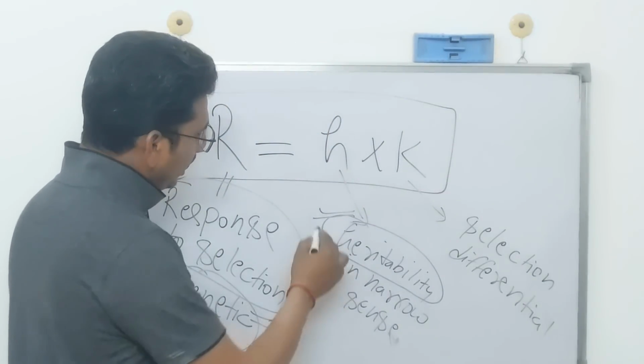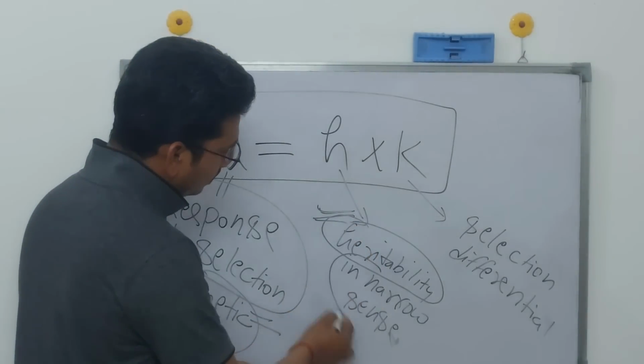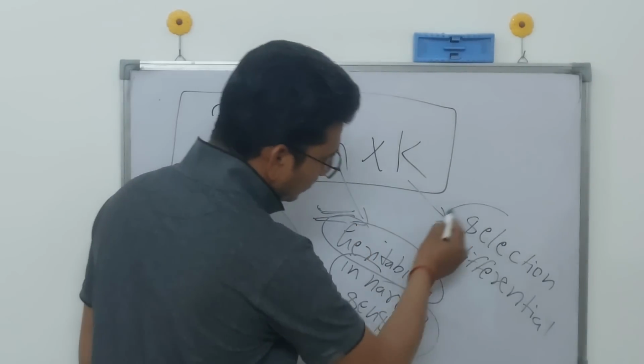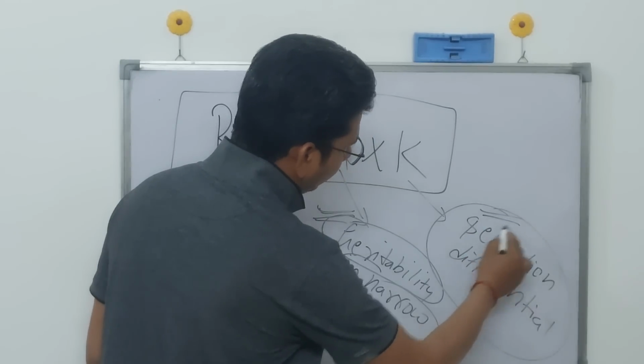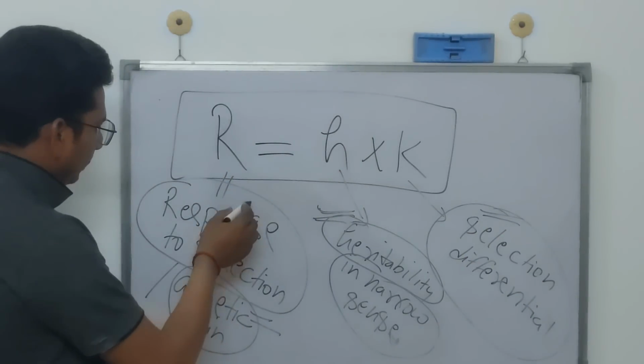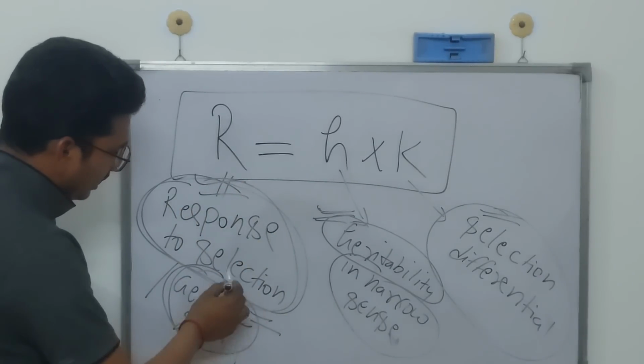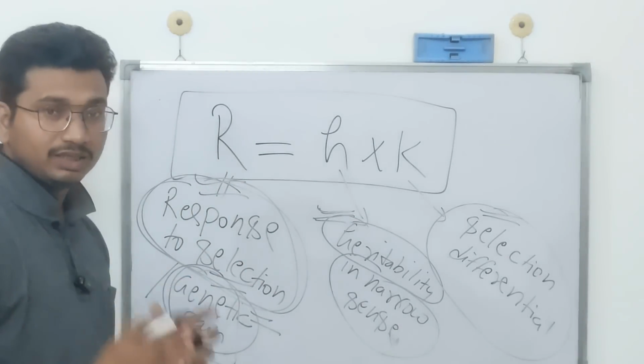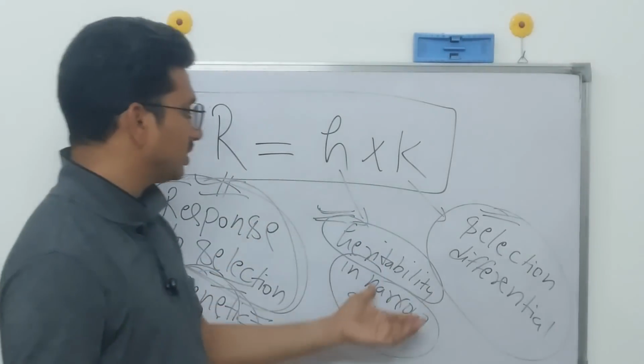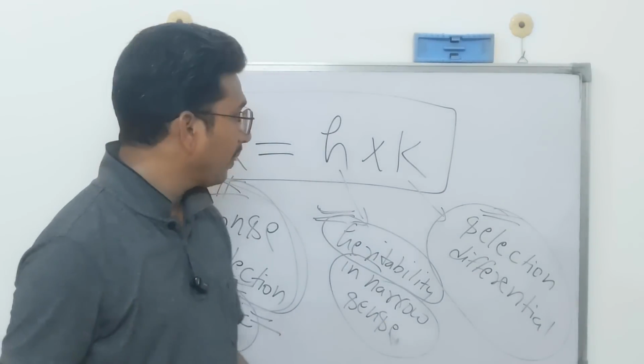So if the heritability in narrow sense increases and the selection differential increases, then the response to selection, or genetic gain, will also increase. This is the fundamental concept in quantitative genetics.